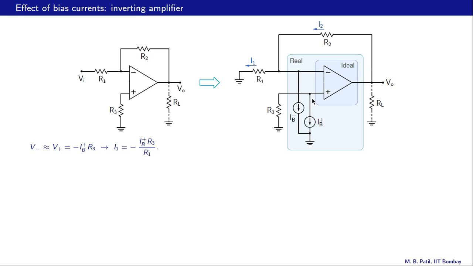And since this op amp is ideal, V minus and V plus are the same, therefore V minus is also equal to minus Ib plus times R3. And now we can get this current, V minus divided by R1. So I1 turns out to be minus Ib plus times R3 divided by R1.